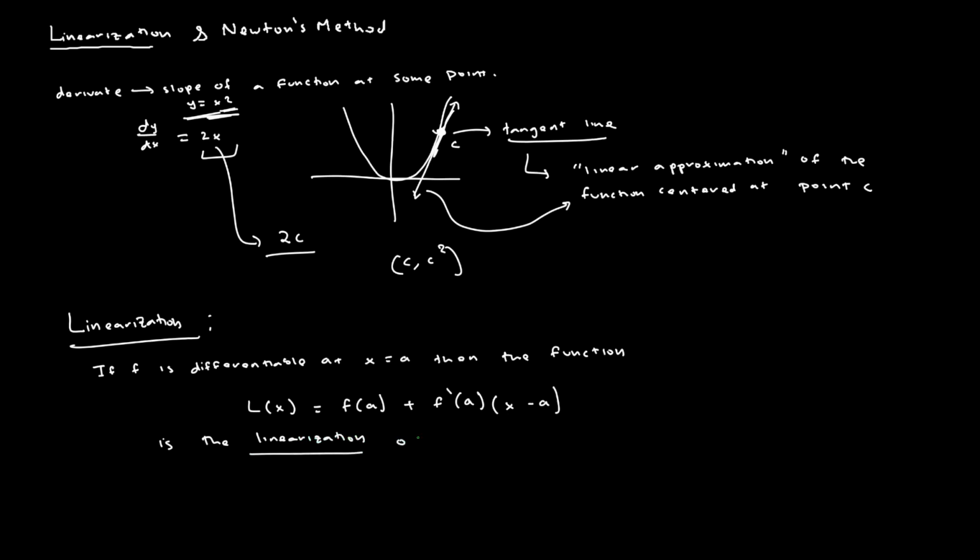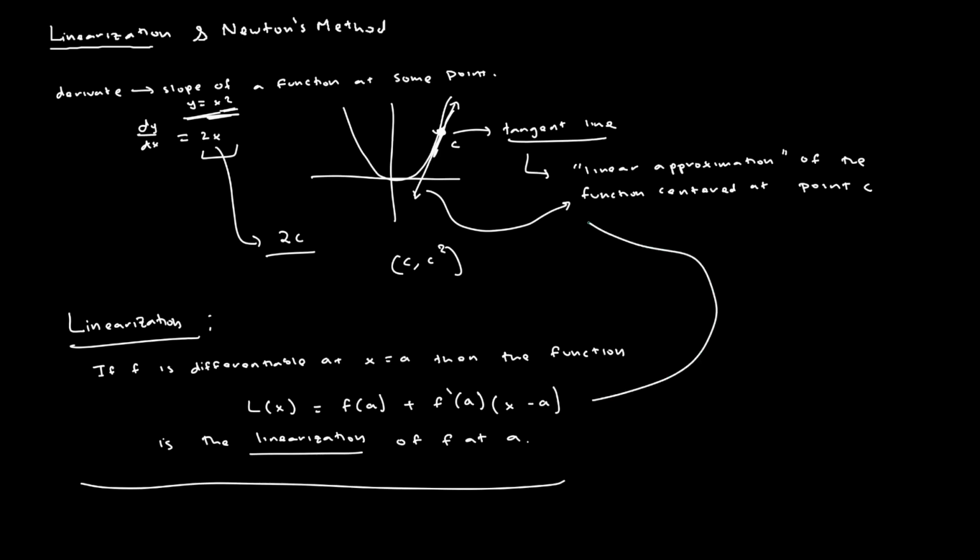This essentially summarizes what I've spent the last few minutes talking about. Notice how this L of x equation is the same as finding the equation of the tangent line at that particular point. If you recall the point slope formula, y minus y1 is equal to m times x minus x1.